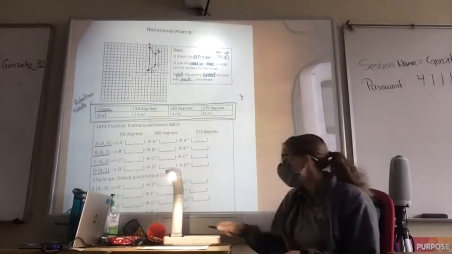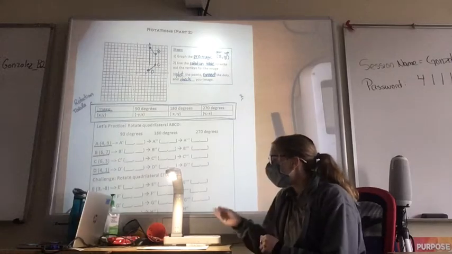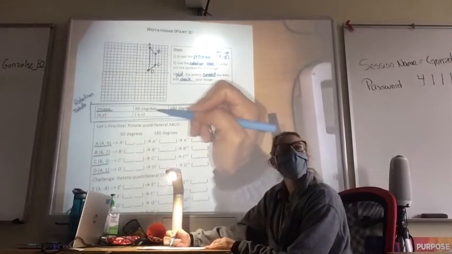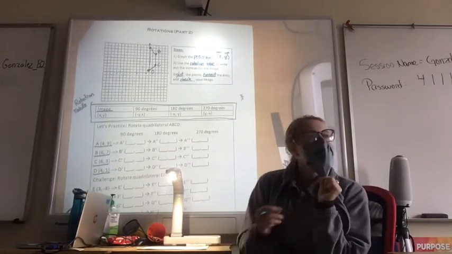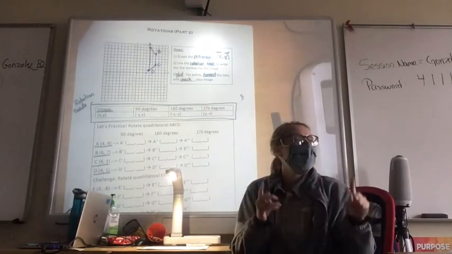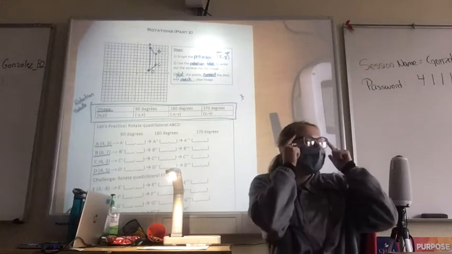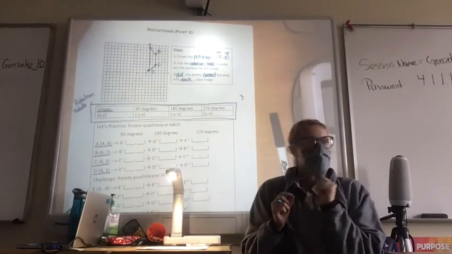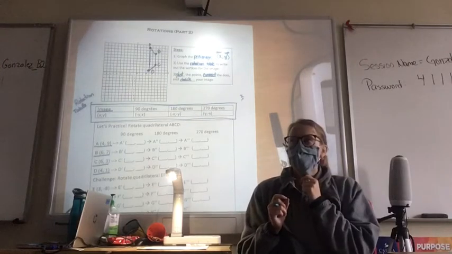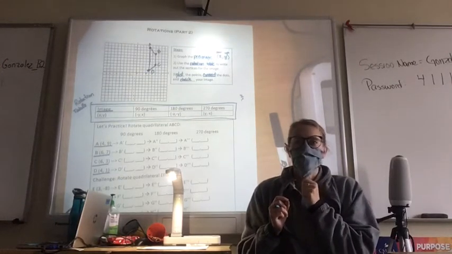So what we're going to do is use our rotation table to rotate 90 degrees. This is a little bit of plug and chug action. Remember when I said plug and chug? What do I mean when I say plug and chug? Anyone have ideas?